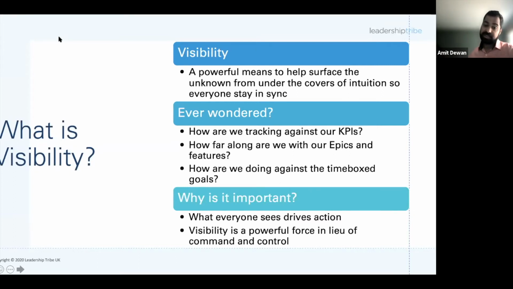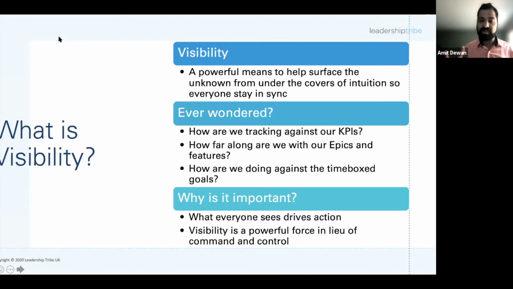So a lot of conversations, a lot of driving action. If I'm a team member, a developer, and I see that our sprint goals are in jeopardy, maybe I'm done with my development work, but my QA or someone on my team is struggling to do their work. Looking at that data itself, I'll be able to see where I can contribute most.